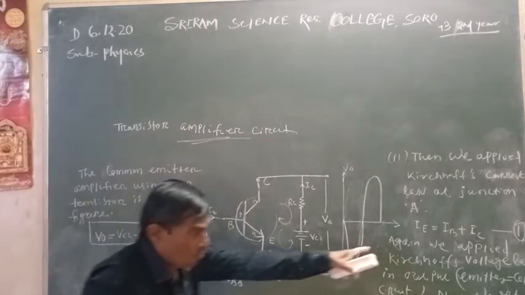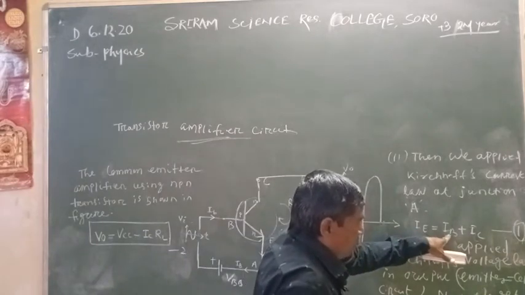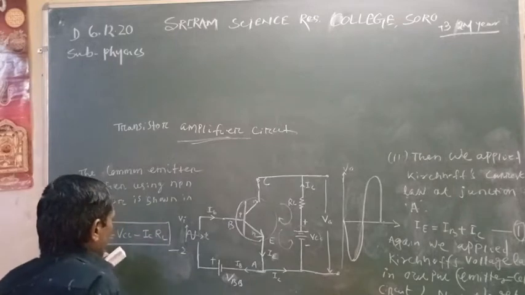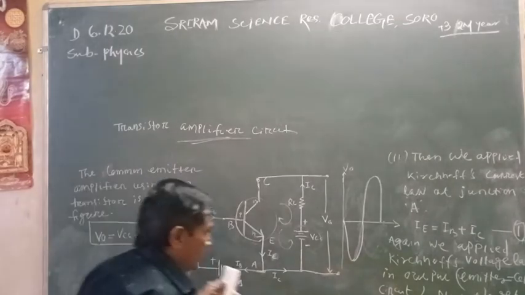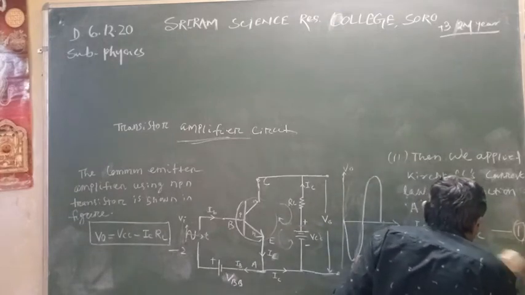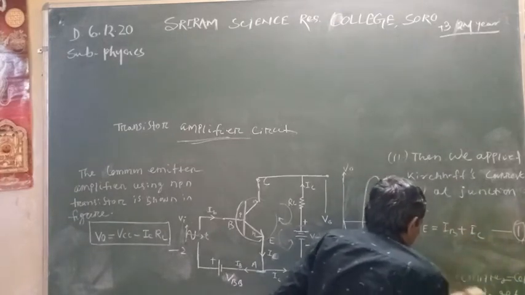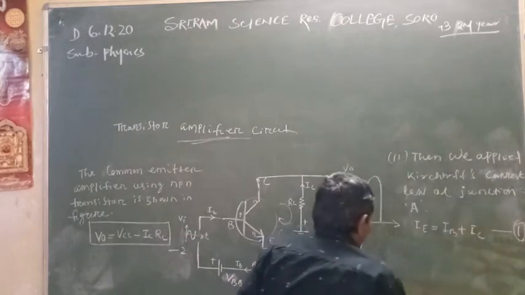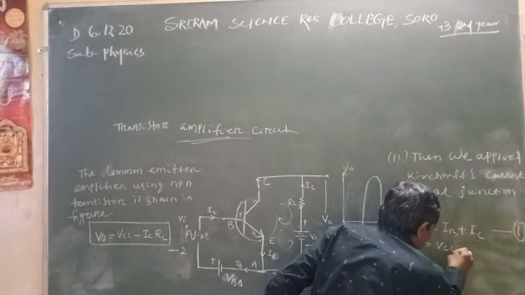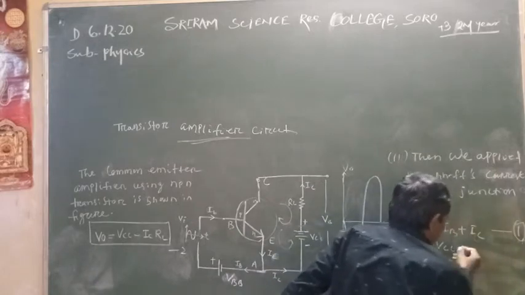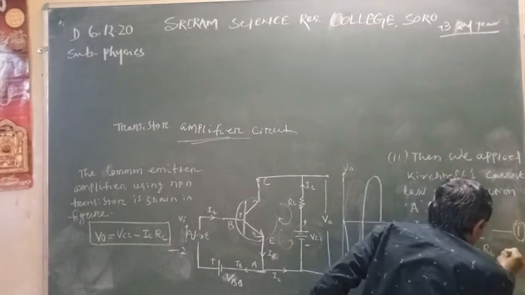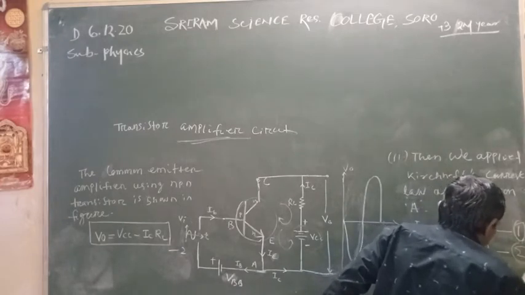Equation 1, IE equals IB plus IC, is the current law, and Kirchhoff's voltage law gives V naught equals VCC minus ICRL, equation 2.